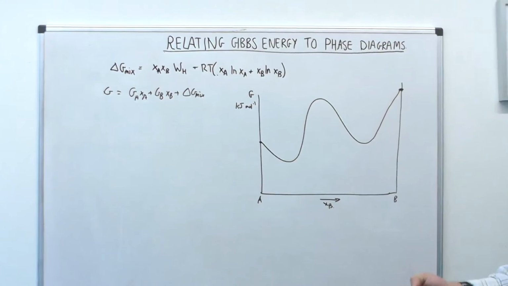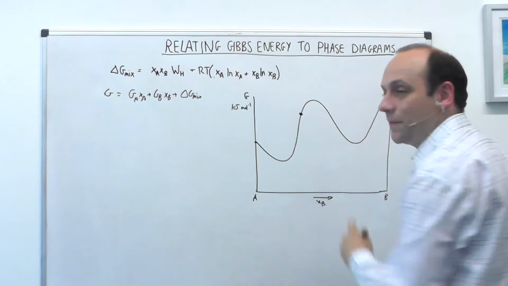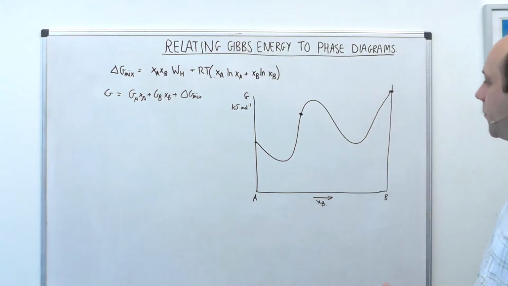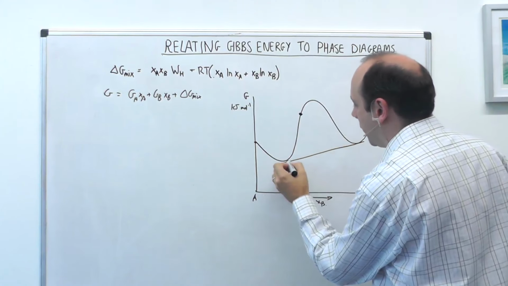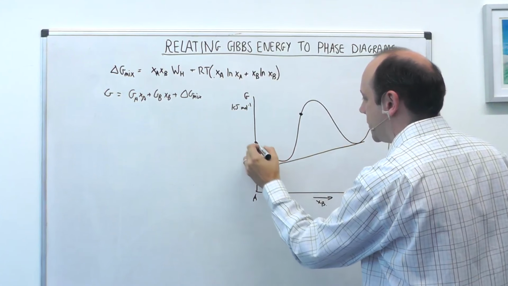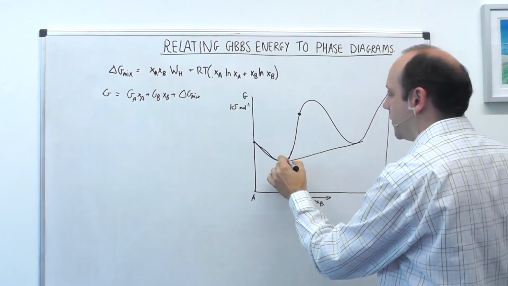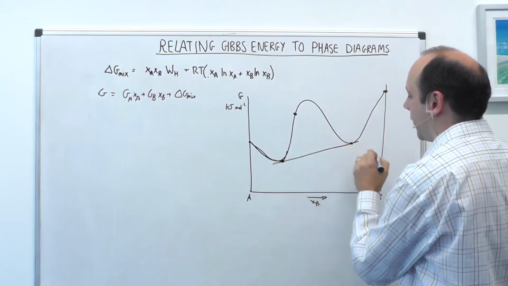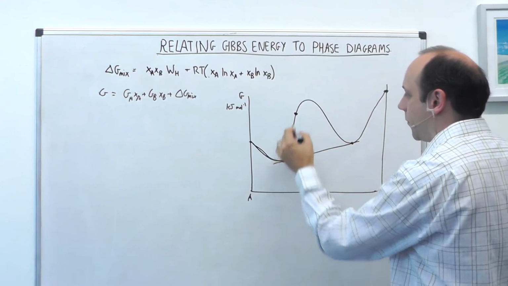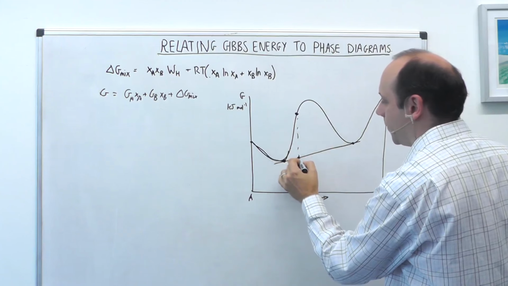And what that gives rise to is if we consider an alloy here, it can lower its overall energy by forming an alloy that's a combination of these two over here. So if we took some of an alloy of that composition and some of an alloy of that composition, then we'd form an alloy with an overall energy which was here.